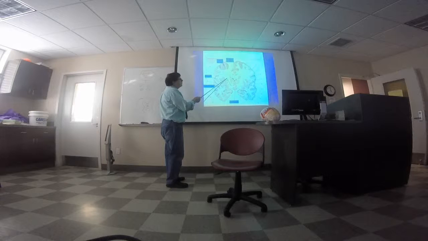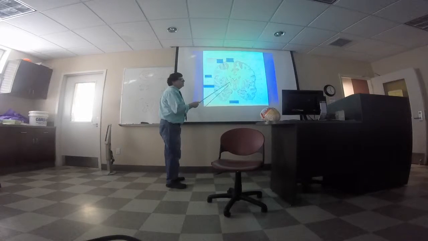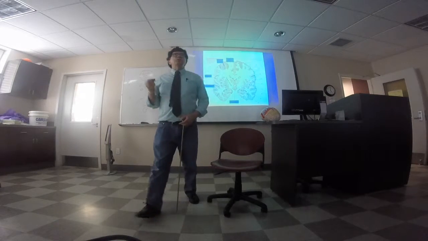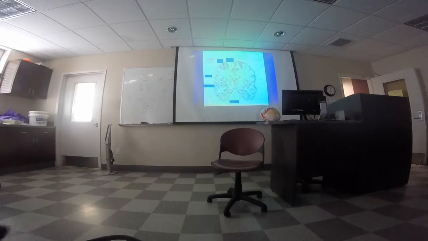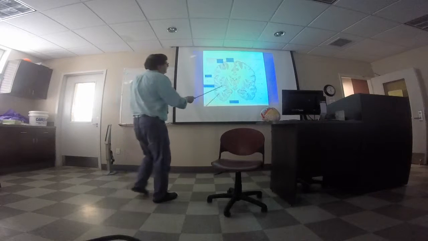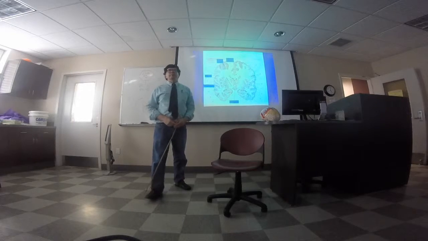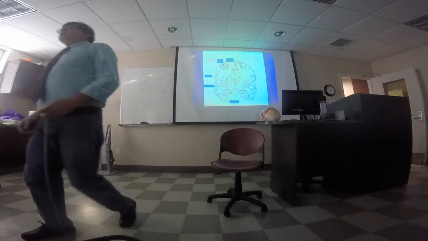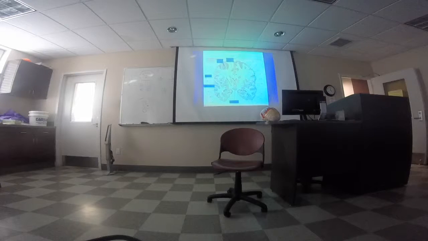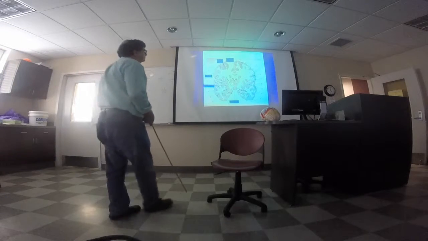So these motor tracts are going to carry impulses for skeletal muscle movement. The internal capsule is going to serve to connect the cortex above with the brainstem below. These internal capsules also carry ascending tracts, carrying sensory information up toward the cortex.